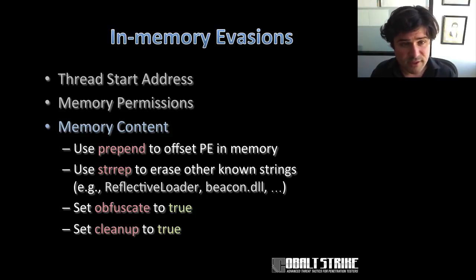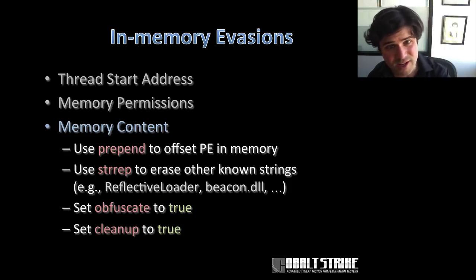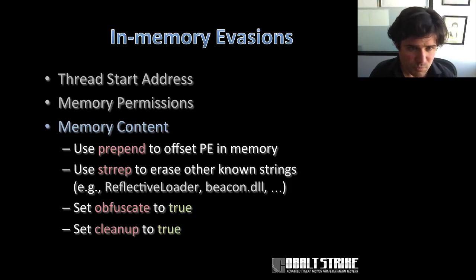Well, if you're dealing with point-in-time analysis, oftentimes if a script or hunt tool finds something suspicious, it might report back the first 100 bytes or so to an analyst. So here, you can control what those 100 bytes are and make it into something that might cause an analyst to skip you and go looking at something else. So prepend is a tool to help there.